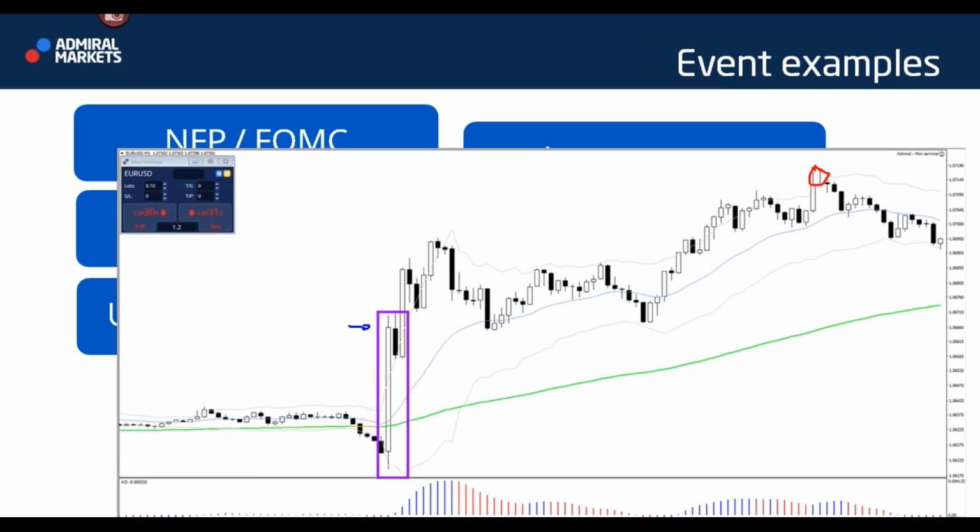The red circle indicates an example where there's a huge wick on top. That indicates bullish weakness, or maybe not bearish strength, but at least bullish weakness and potential for a retracement or reversal. So that's how the candle close or wick is important.